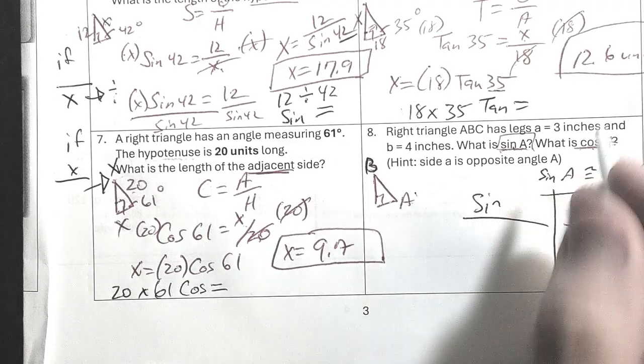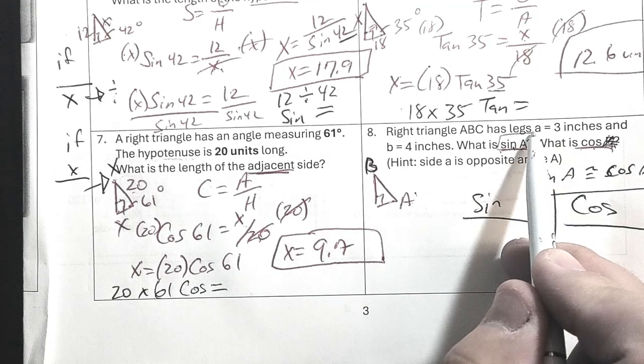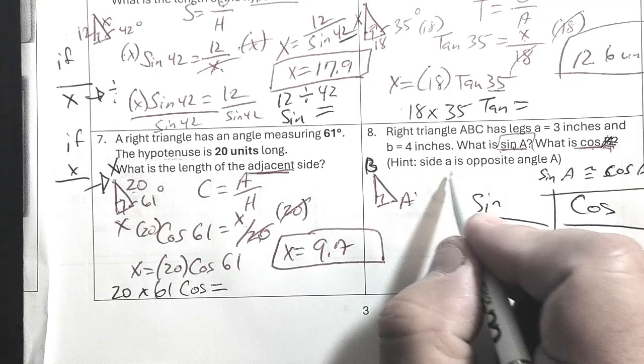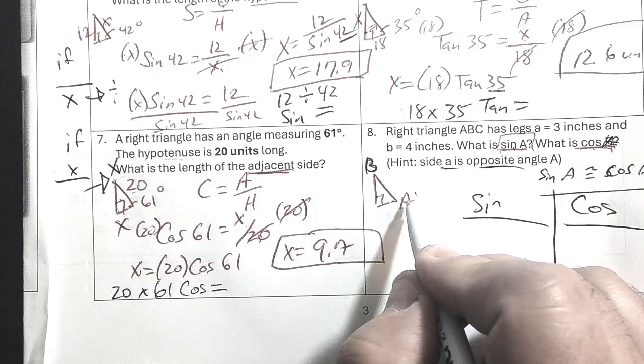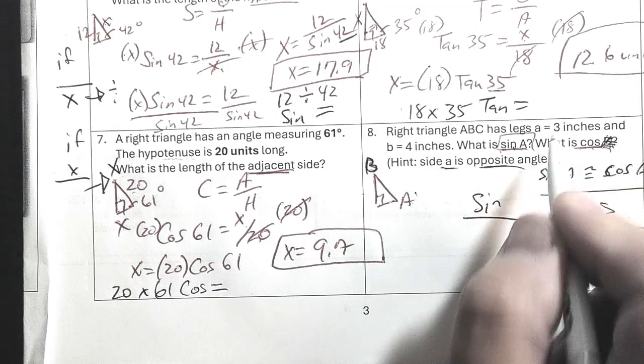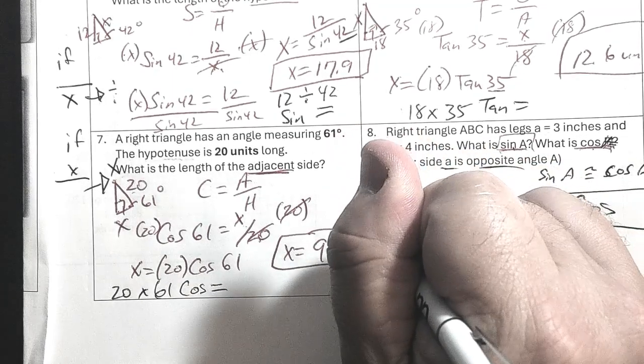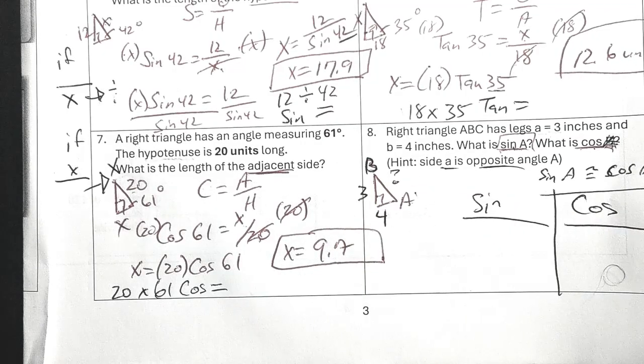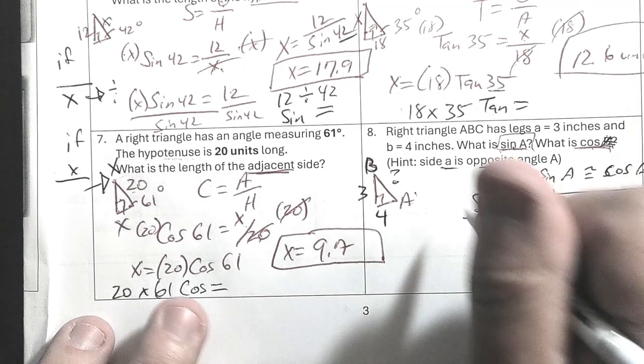So it tells us that the legs are A equals 3, B equals 4. A is opposite of A. So over here, A is 3. So that makes this guy 4. They don't give us a hypotenuse, do they? So if you were at boot camp, you already know how to do this.